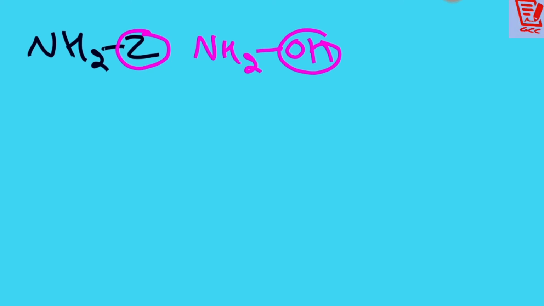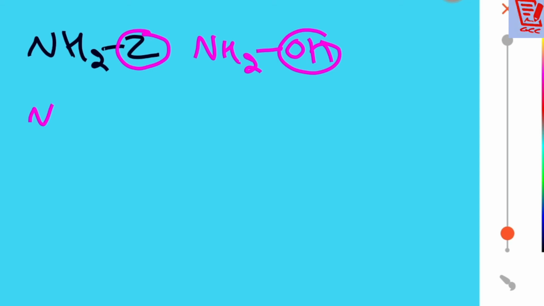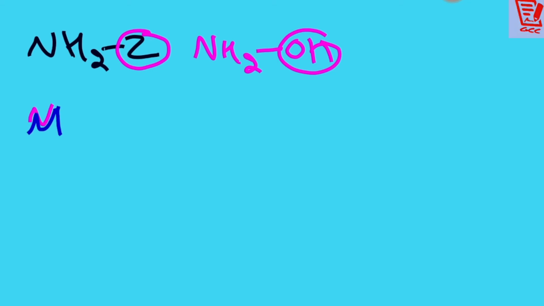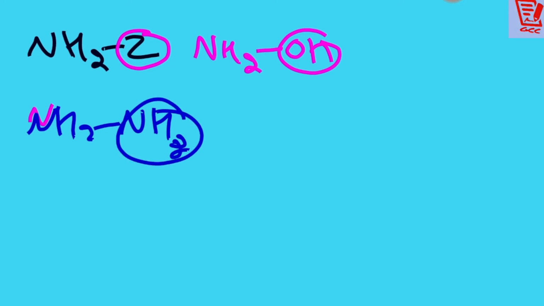Same way I am writing this NH2, and here is the value of Z. But this NH2OH is known as hydroxylamine. What do you call it?